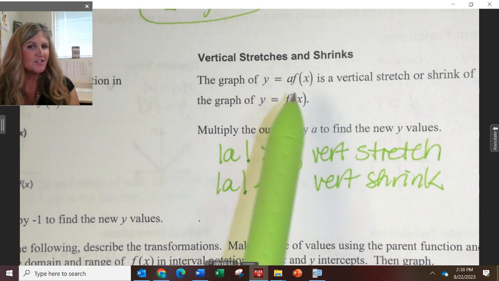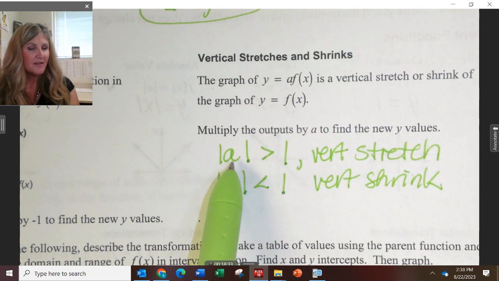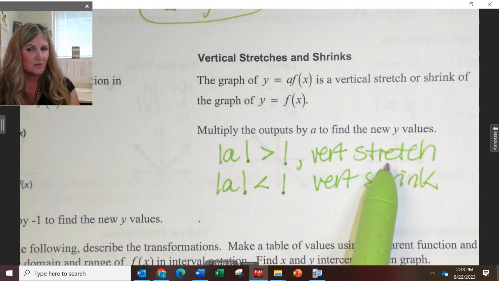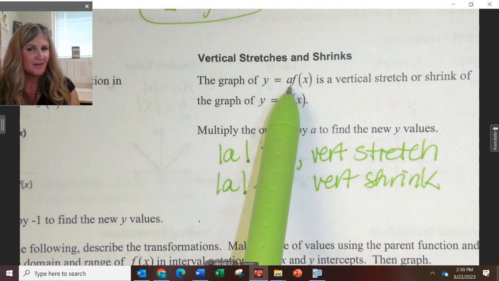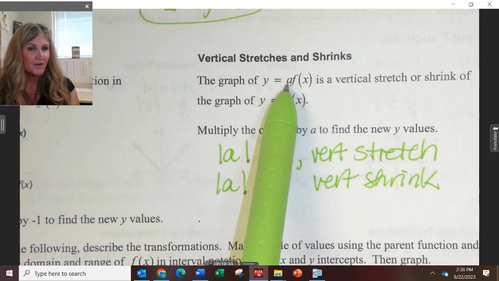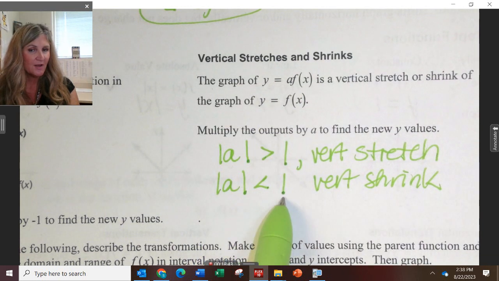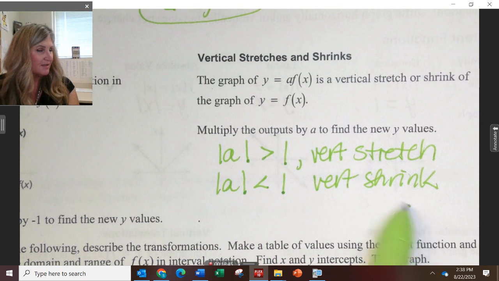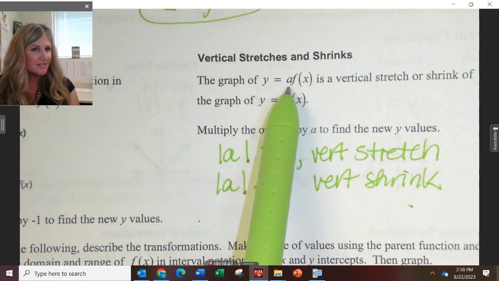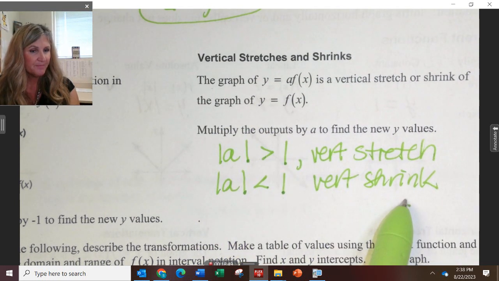So if I multiply by 3, 3 is greater than 1, it's a vertical stretch. If I have an a value of -1/3, the absolute value is 1/3, that's less than 1, so that would be a vertical shrink. Basically, you see a fraction that's less than 1, it's a vertical shrink.